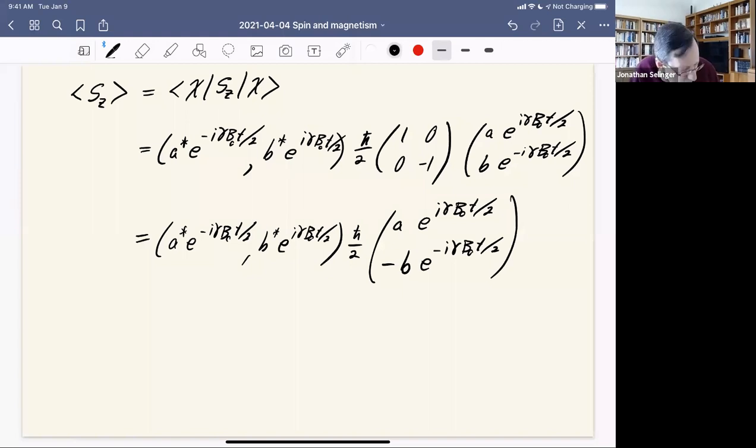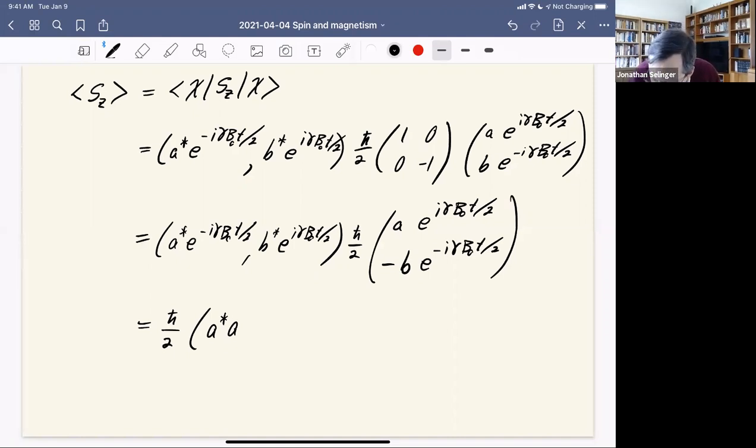Now let's multiply that out. The factor of h bar over 2 just comes out, and we have the first thing times the first. That gives us A star times e to the minus stuff times A times e to the plus stuff, so it's just that.